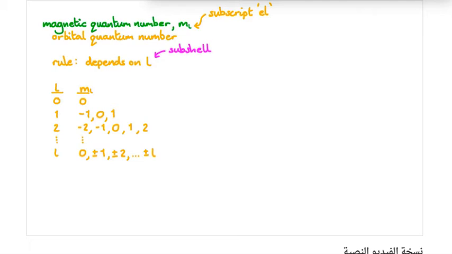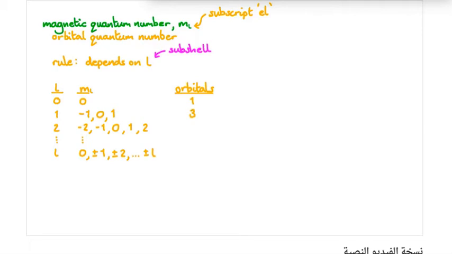So our general rule for the value of ML, the magnetic quantum number, is that it's equal to 0, plus or minus 1, plus or minus 2, all the way up to plus or minus L. For each magnetic quantum number we throw into our formulas, we get an orbital. Unlike with L, it's harder to connect magnetic quantum numbers to specific features of specific orbitals.